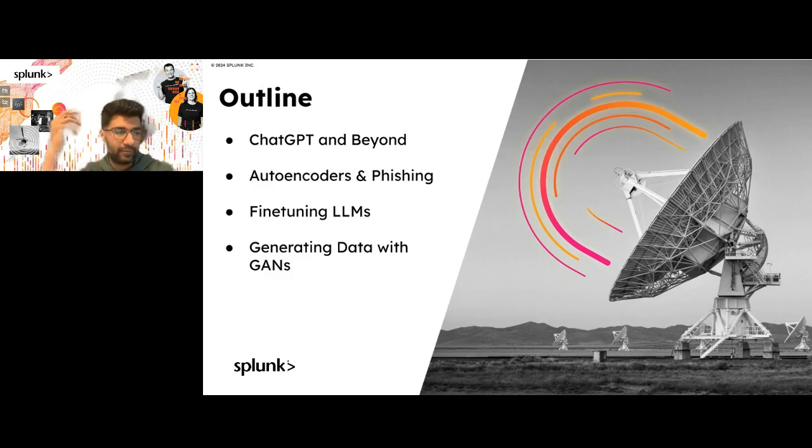Later, we look at fine-tuning large language models, and we look at the use case of DGA, also known as domain generation algorithms. And here we will learn how we can use large language models to detect them. Later on, we look at another technique known as generative adversarial networks and how we can utilize it to generate synthetic but realistic data for the domain of cybersecurity.